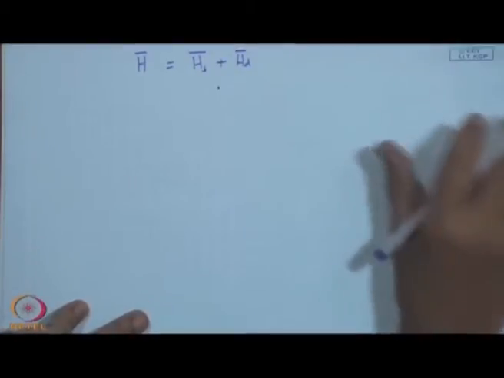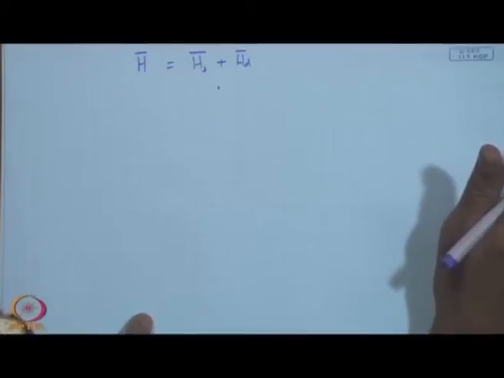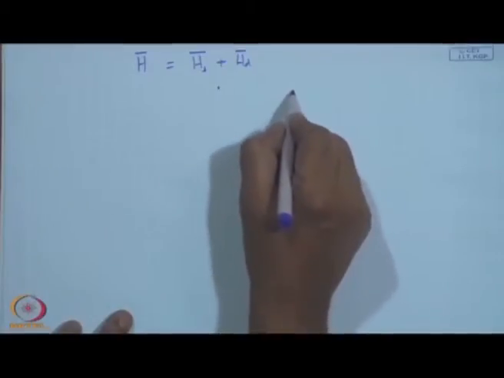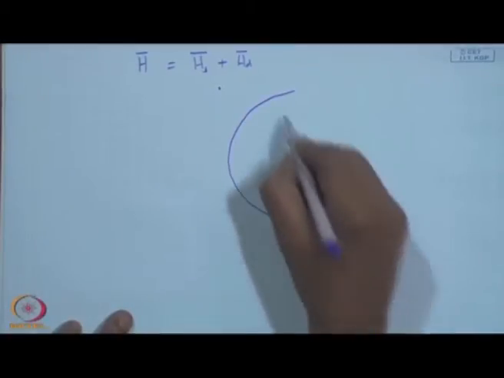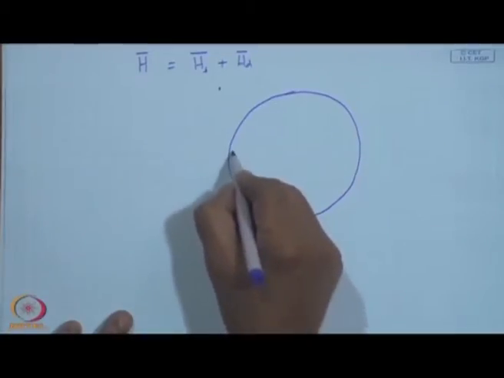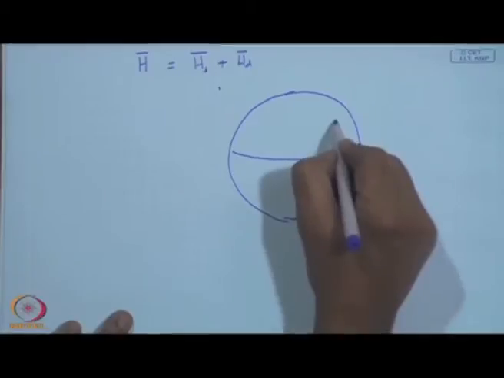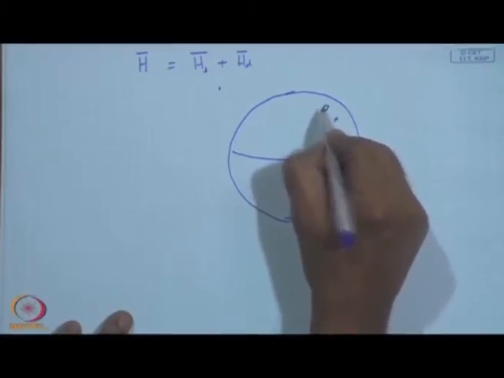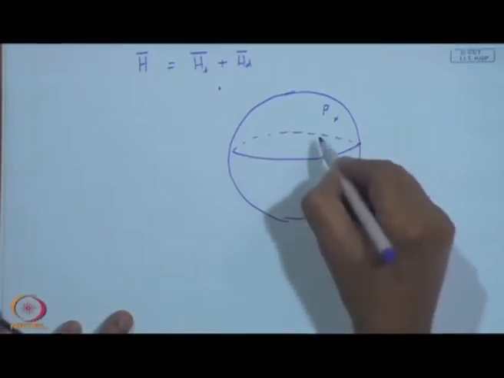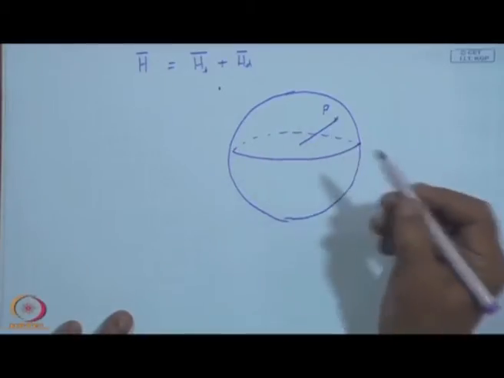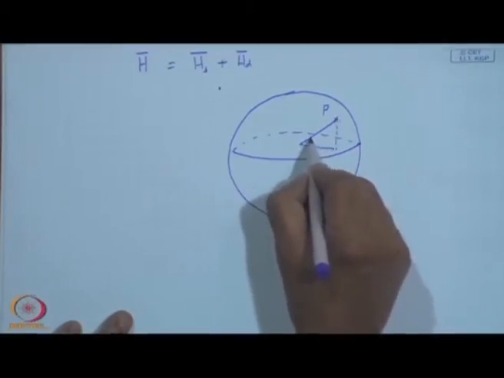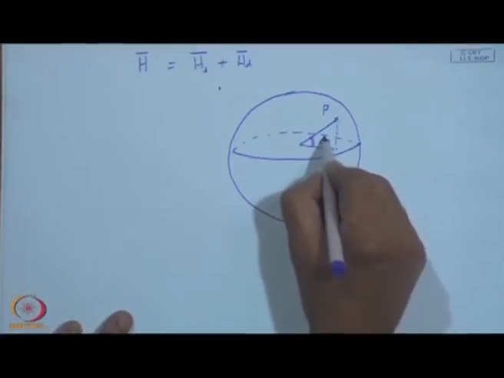Now, before we go to that, we should know a little bit about different angles. If you have Earth and there is the equatorial plane, and I consider any point P, the angle between the line joining the point and its projection onto the equatorial plane is the latitude phi.